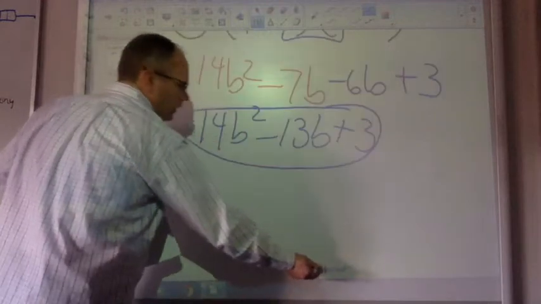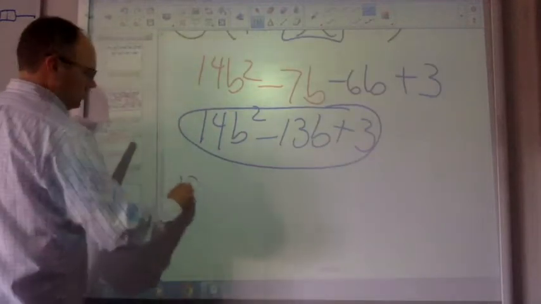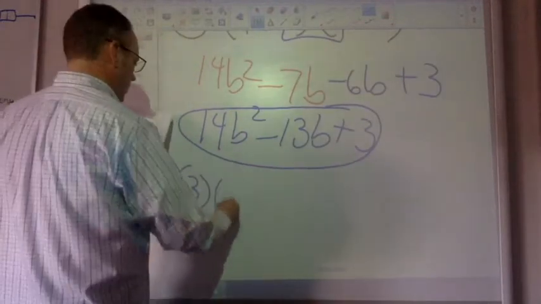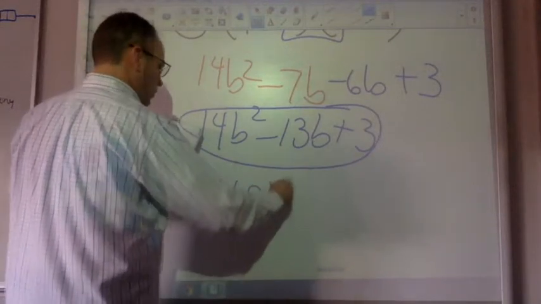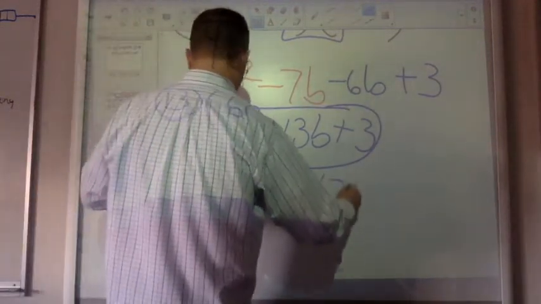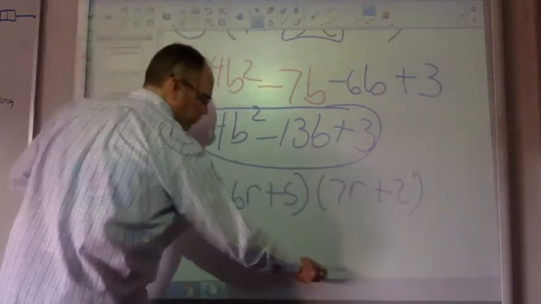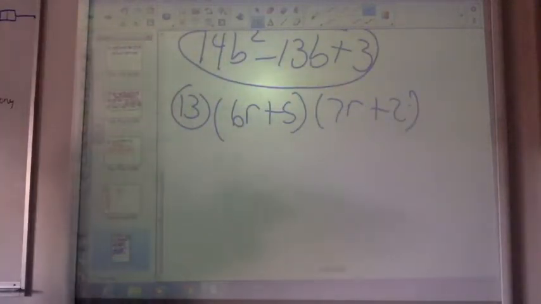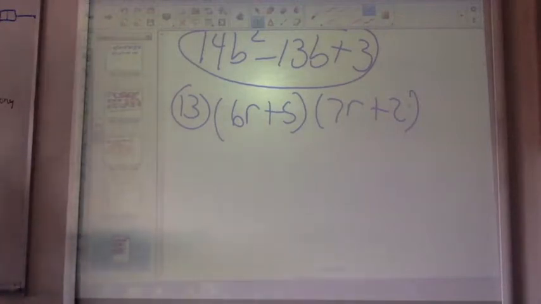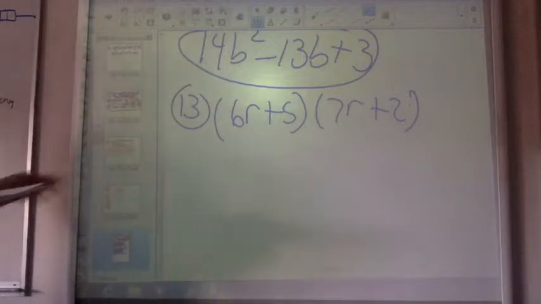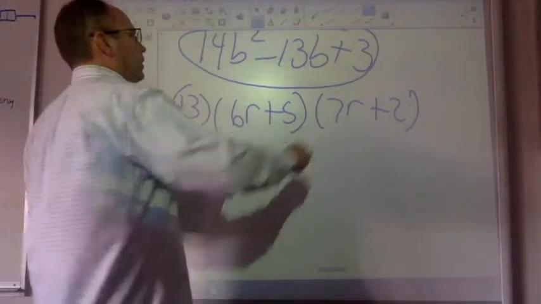Number 13. Move it up in a sec. Single, double, or triple distribution? Double. The 6r and the 5 are going to be distributed over.